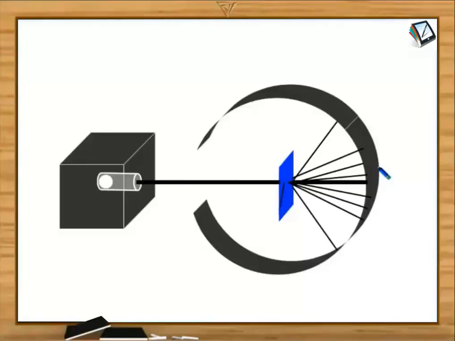It's like this. So with the help of that flash of light, we can say that the particles are striking the zinc sulfide screen.